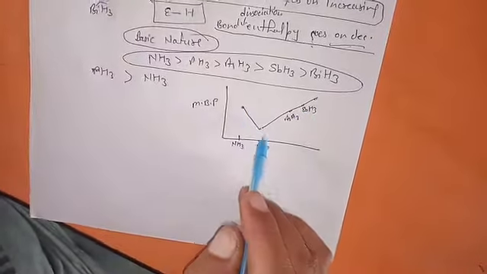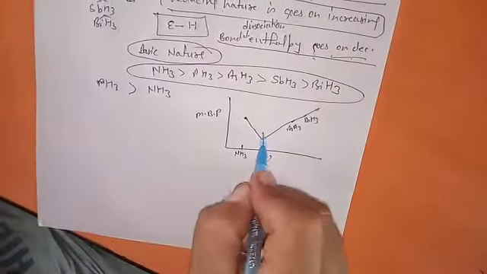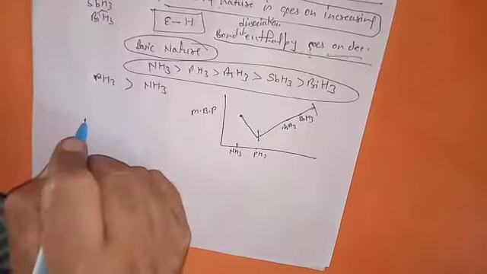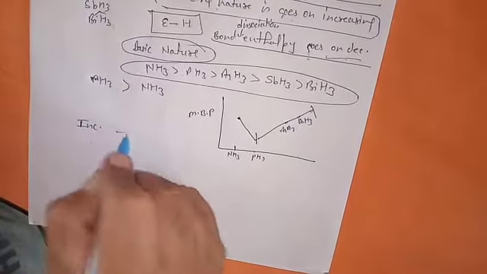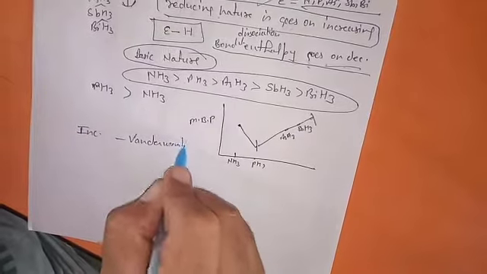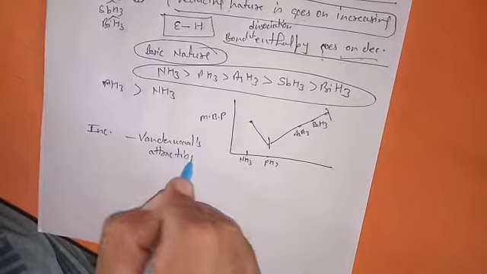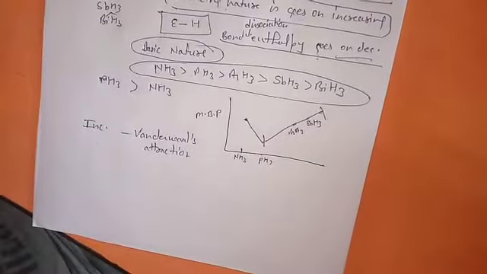First it will decrease, then it will increase. The reason for the increase from phosphine onwards can be explained by van der Waals attraction. Van der Waals attraction is increasing. That's why the melting boiling point is increasing for the hydrides.